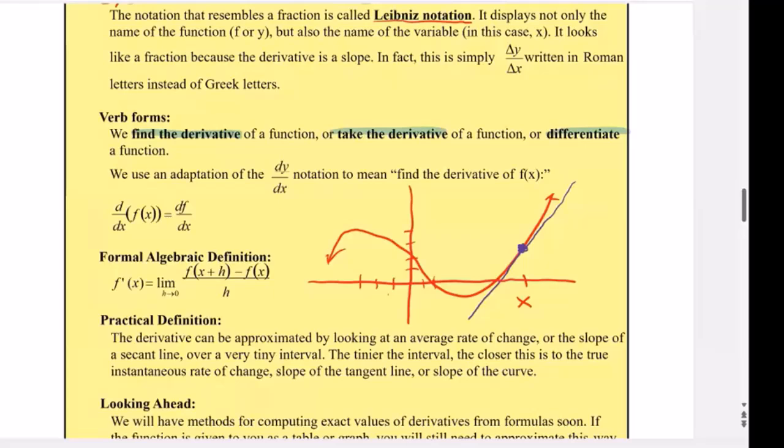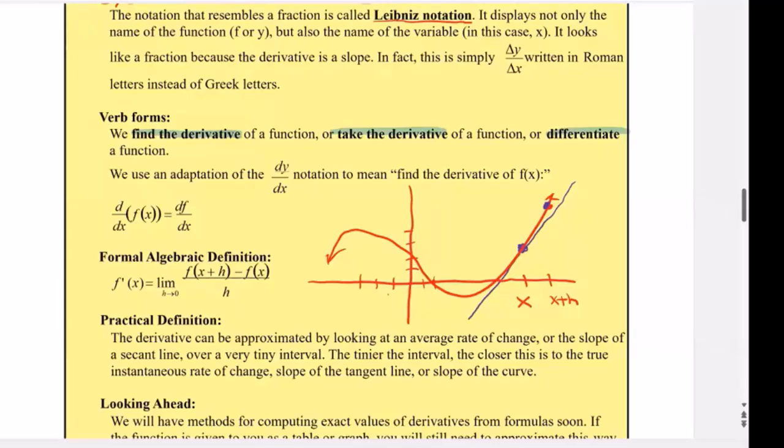And right next to it, we're going to say this is x plus h, and the distance between those 2 points is h. That means I have another point here on the graph, and that would be a secant line. The purple would be a tangent line.